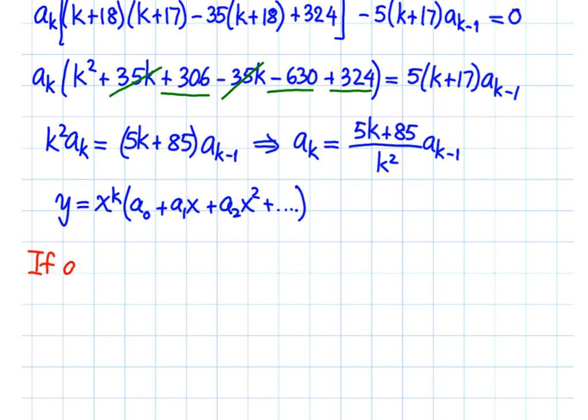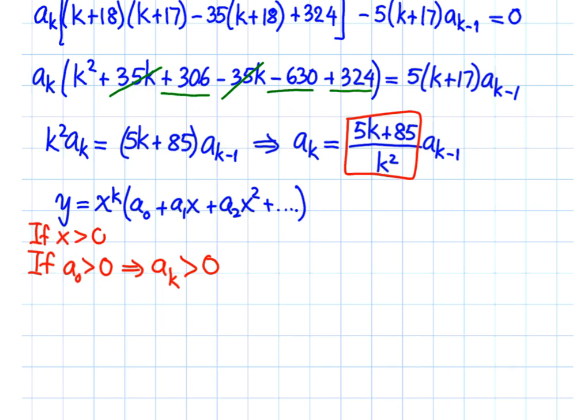If we start with a positive coefficient, then on the index, because of this recursion, this part is positive, so we always have a positive coefficient. So on the positive coefficient when multiplied by x, let's say if x is positive as well, then we have to base on that.